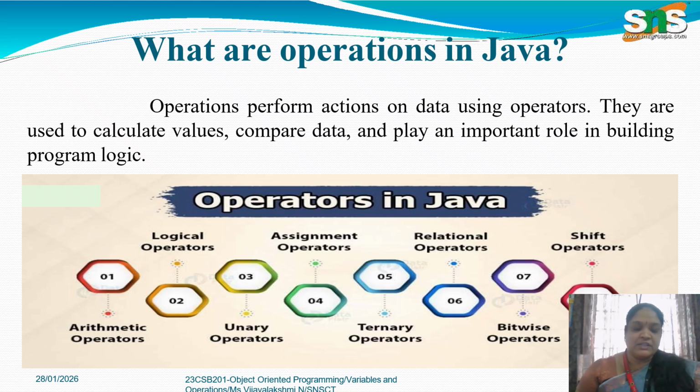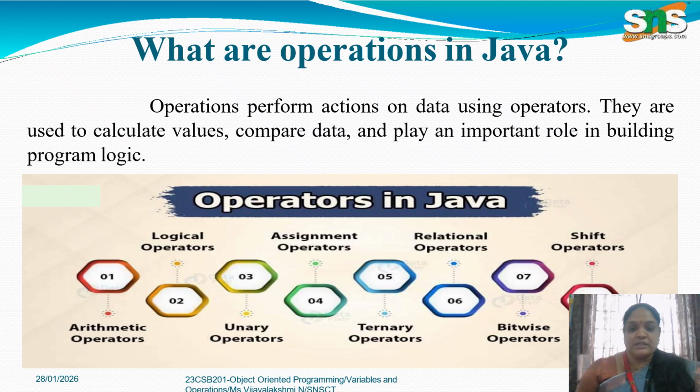Normally we will have logic inside the program, and that logic might have expressions, and those expressions can be evaluated with the help of operators. With the help of operators we can calculate values and compare data, and the operator plays a vital role in building any kind of programming language.